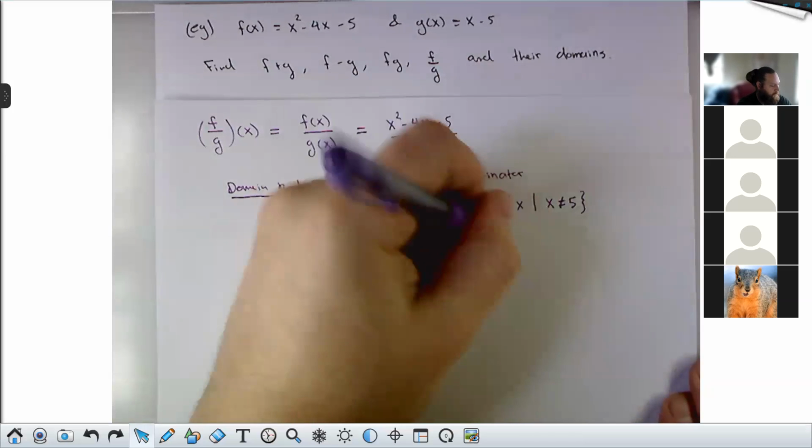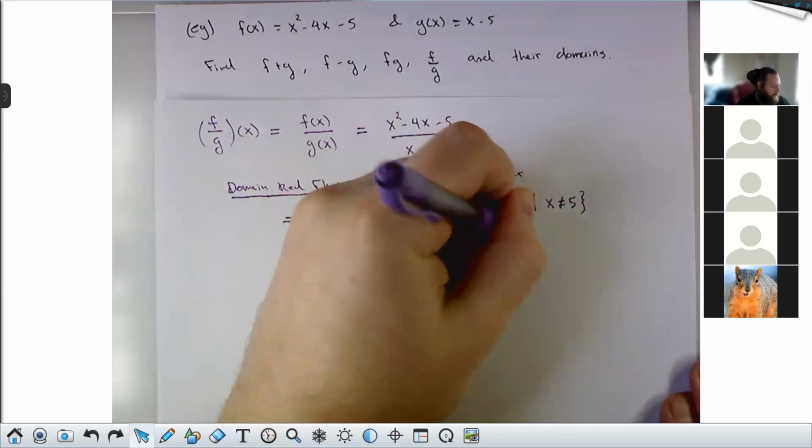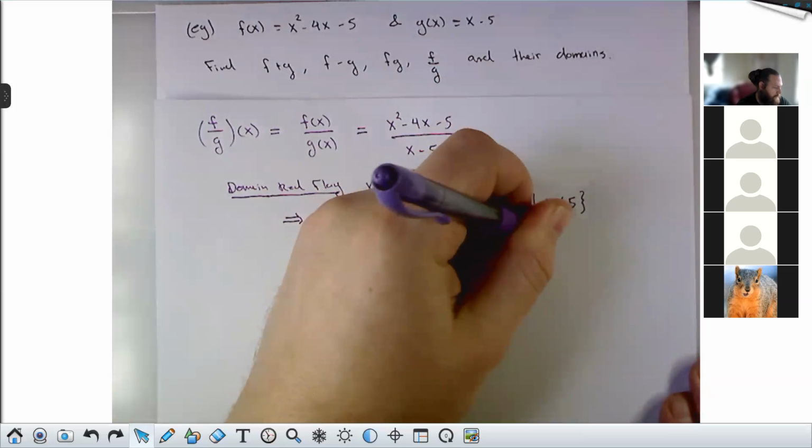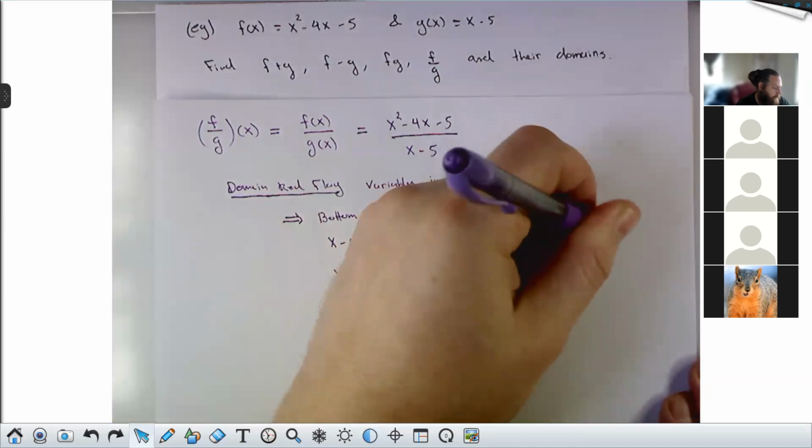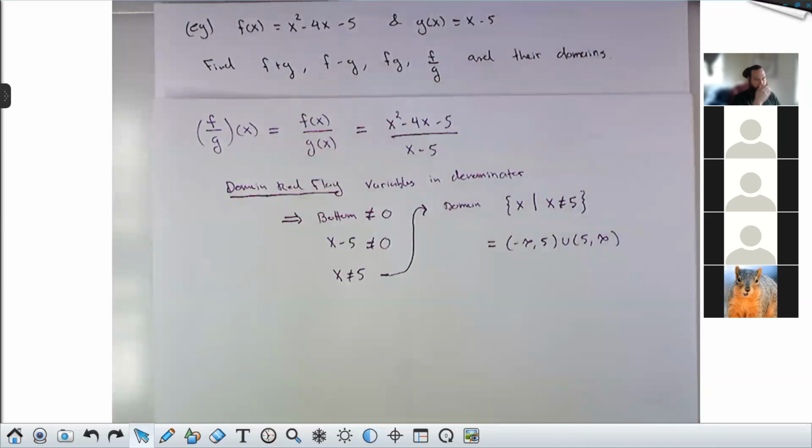Or in interval notation, that would be negative infinity up to 5, union 5 to infinity. We're just chopping 5 out of the number line. So either one of those would be a good answer for the domain. Any questions on this one?